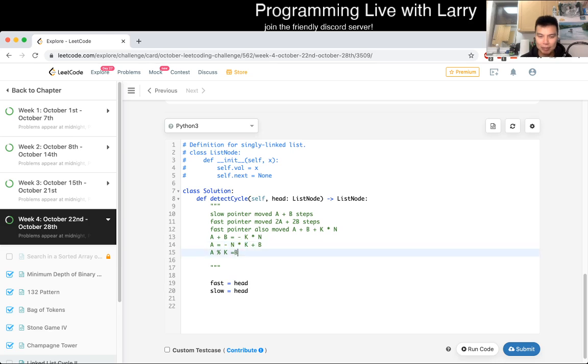Oops. Oh, this is negative, sorry, whoops. Negative B mod N. And it also means that A mod N needs to go to B.